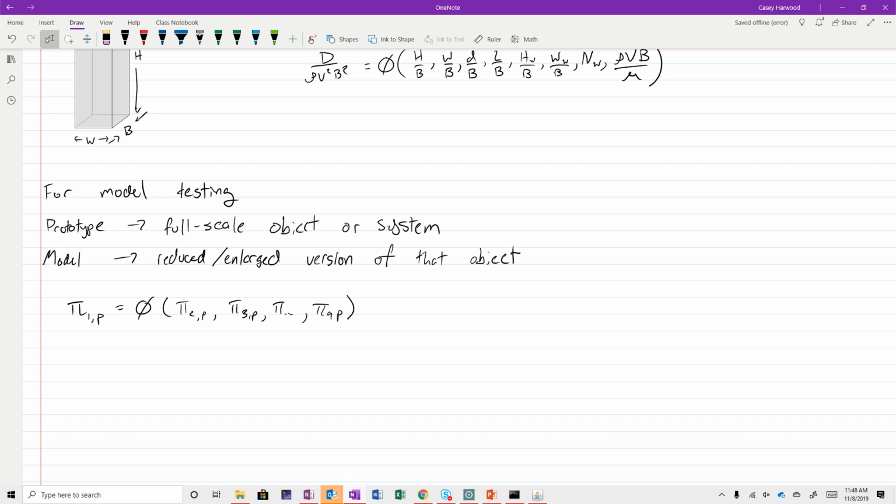They just see the numbers. So we assume that pi1 of the model scale has the same functional relationship phi, now depending on the pi terms at model scale.